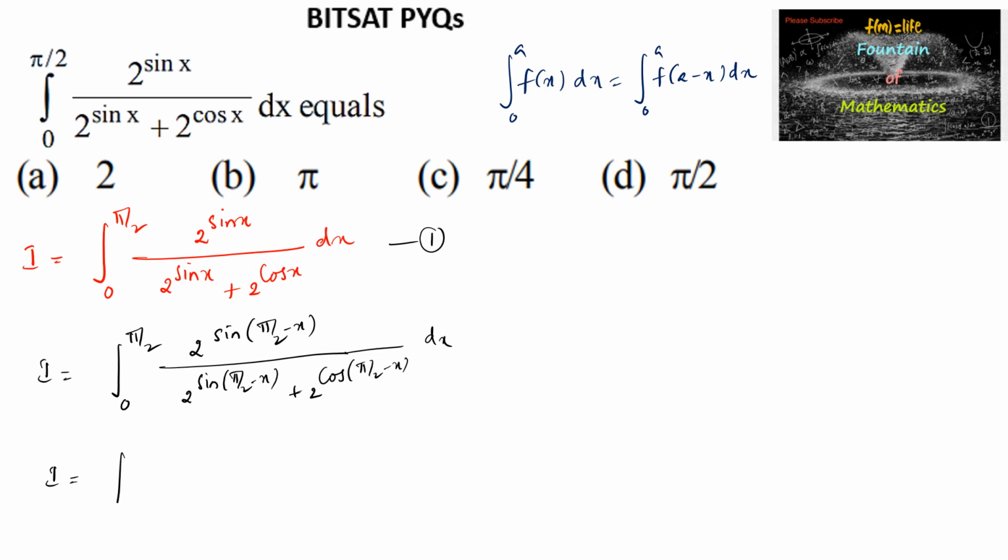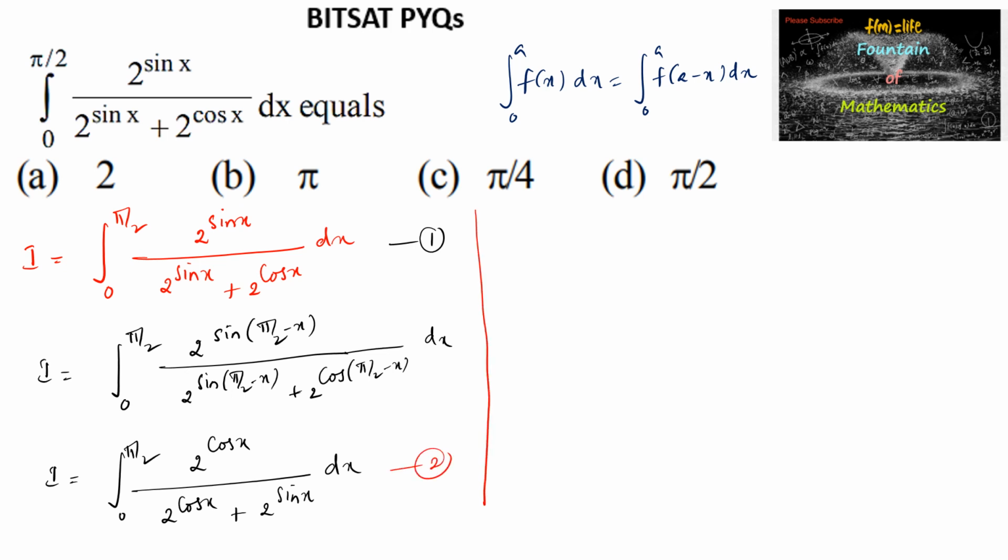So I is equal to integral 0 to pi by 2 of 2 to the power sin of pi by 2 minus x, which is cos x, divided by 2 power cos x plus 2 power sin x. Let us call this equation 2. Now adding 1 and 2, I plus I is equal to integral 0 to pi by 2.